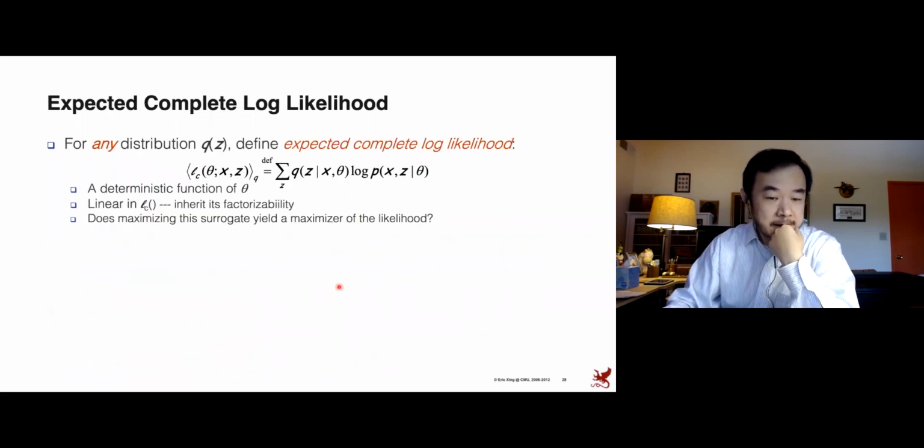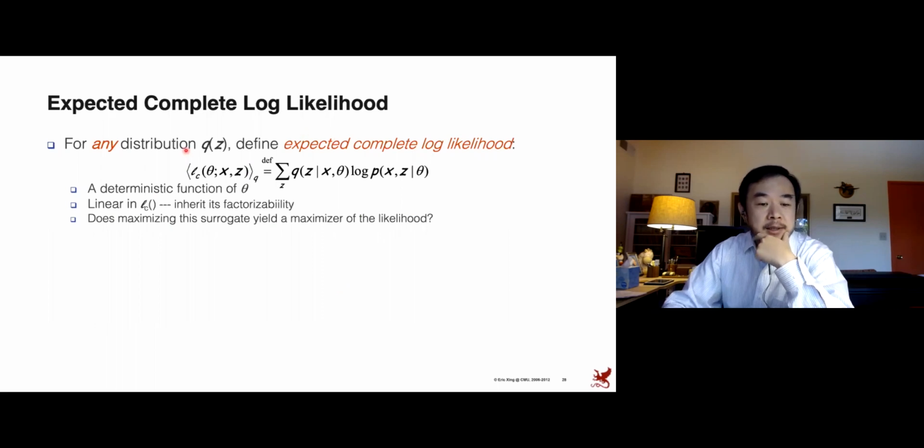So here is a relationship. Basically, we know that Z is not observed; it's a hidden variable. And to turn the hidden random variable into something that is more manageable, one needs to introduce an arbitrary distribution, Q of Z. Remember, just now, I introduced the P of Z given X to be that distribution, but you don't have to choose that.